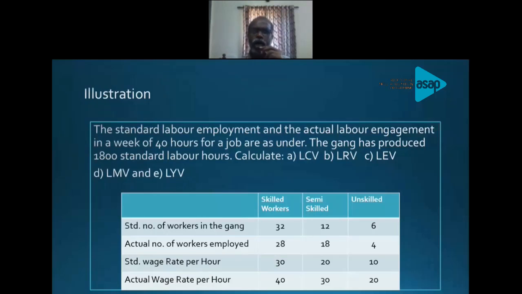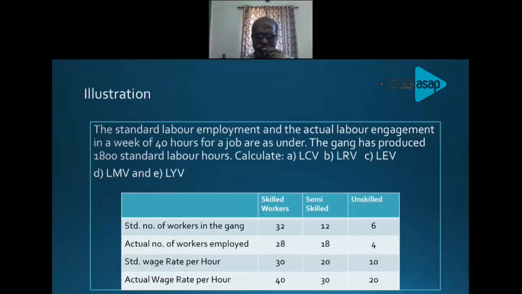You are required to calculate cost variance, rate variance, efficiency variance, mix variance, and yield variance. Here, there is no information regarding abnormal idle time, so we are not required to calculate the idle time variance. You have to calculate all other labor variances. The employees are classified into 3 different categories: skilled workers, semi-skilled workers, and unskilled workers.